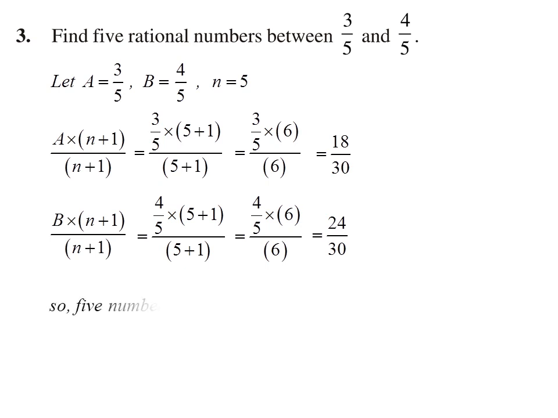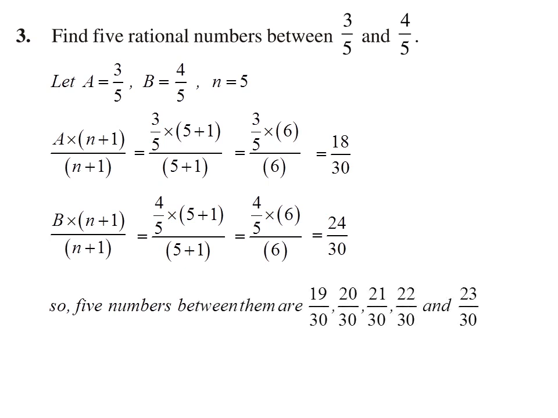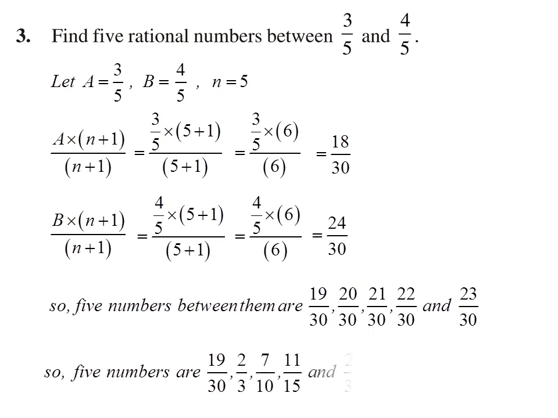So the five numbers are 19 by 30, 20 by 30, 21 by 30, 22 by 30 and 23 by 30. After simplification, my required five numbers are 19 by 30, 2 by 3, 7 by 10, 11 by 15 and 23 by 30.